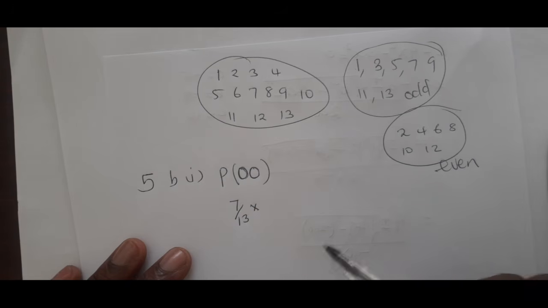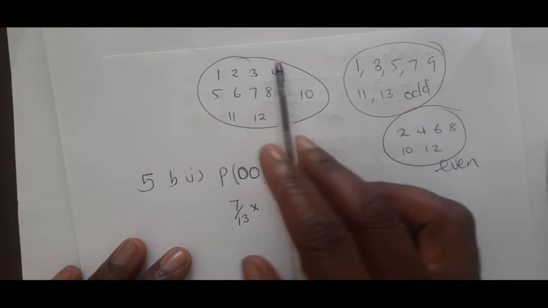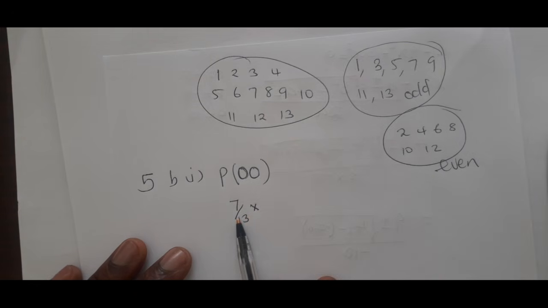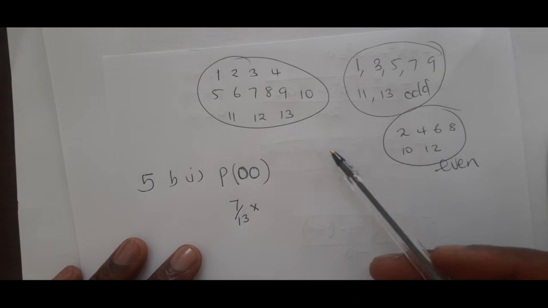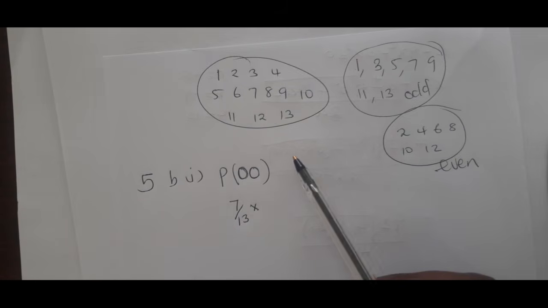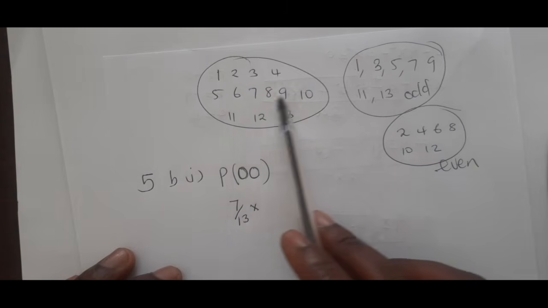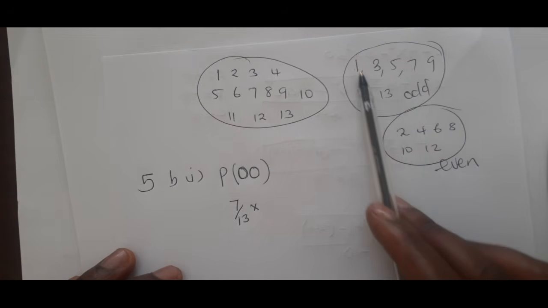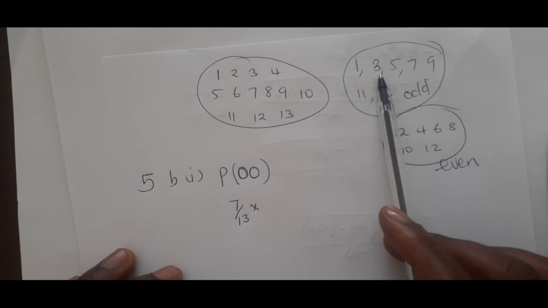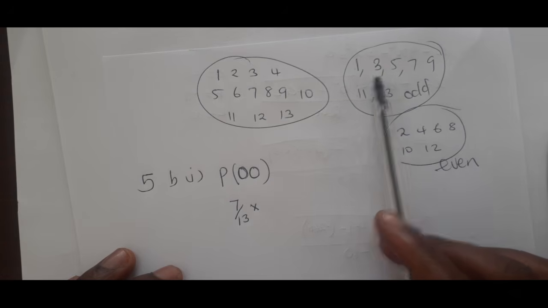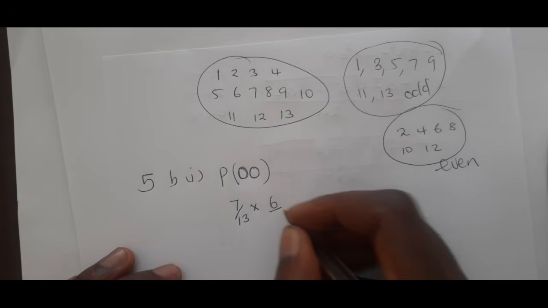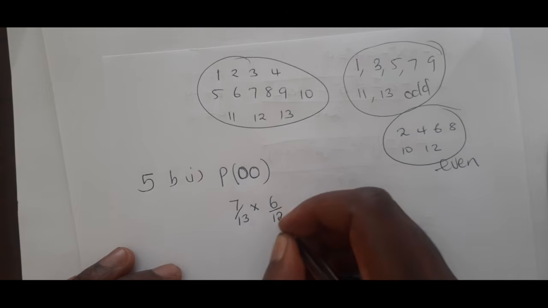Take note here that one odd number has been removed at this point and it hasn't been replaced. So the total number of odd numbers has reduced from 7 to 6. Are we together? So the probability of picking the second one also as an odd number will be 6 over 12. Why 12?